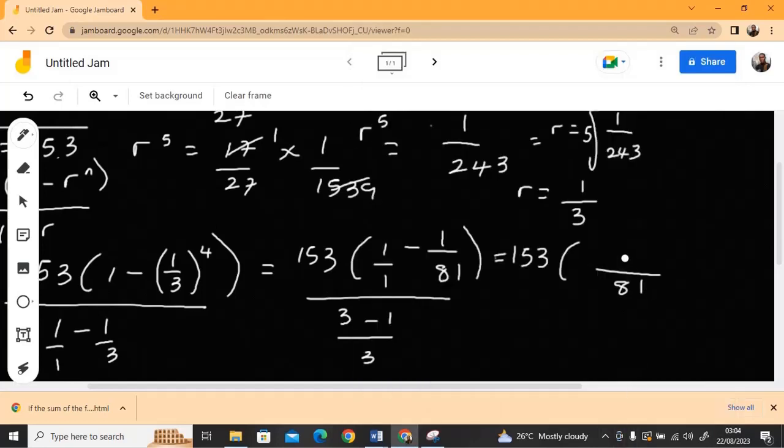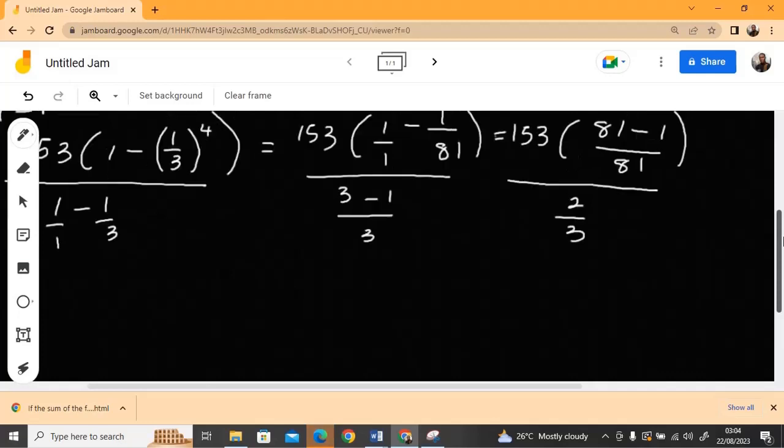So 81 in 1 is 81. 81 times 1 is 81, minus 1, all over 3 minus 1, which is 2 over 3. Now we continue with our solving, so there will be enough space at the bottom.